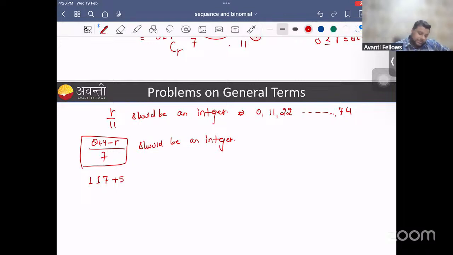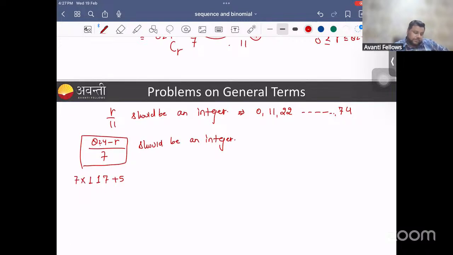So 824 is 7 into 117 plus 5, minus r, by 7. It should be an integer. That means 7 into 117 by 7 is already divisible by 7. So you want (5 minus r) by 7 to be an integer. Am I correct?